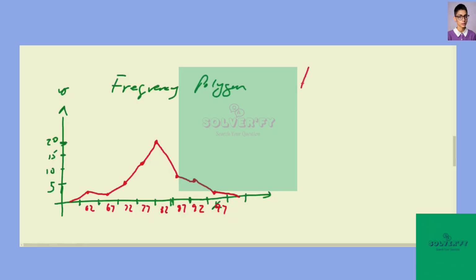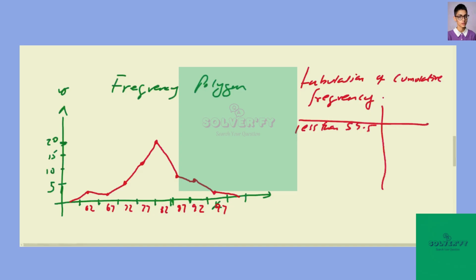And we can have a tabulation of cumulative frequency. In this sense, we have less than 59.5.